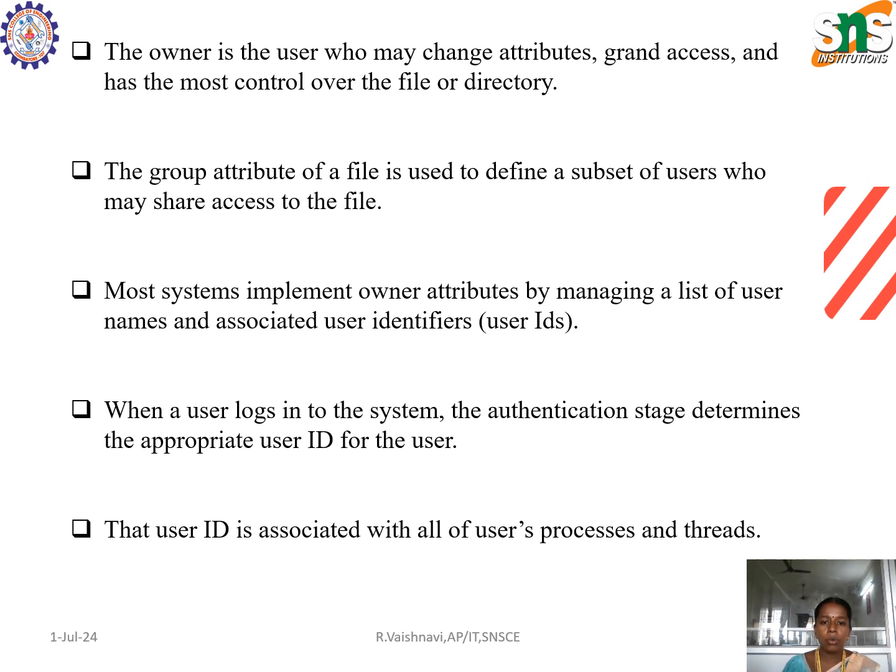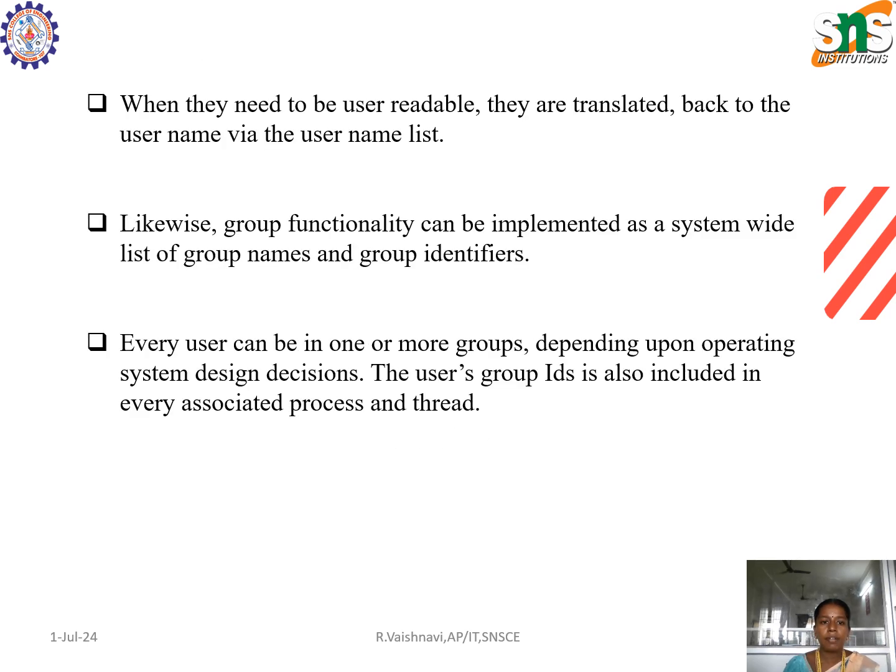Next one, most systems implement the owner attribute by managing a list of user names and associated user identifiers. Next point, when a user logs into the system, the authentication stage determines the appropriate user ID for the user. Next one, that user ID is associated with all of the user's processes. Next one, when they need to be user readable, they are translated back to the user name via the user name list.